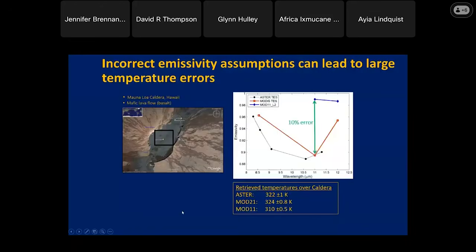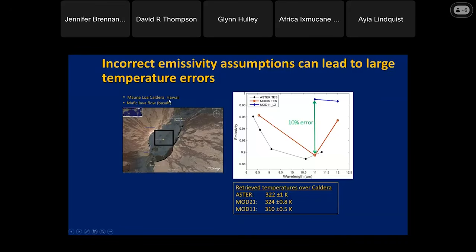Now, the temperature and emissivity, although they're independent variables, so the temperature doesn't determine the emissivity and vice versa, they are dependent on each other in terms of the actual accuracies of retrieving them. So, for example, if you get the emissivity wrong in a retrieval, you're going to get the temperature wrong as well. And this is a sort of an extreme case example of this.